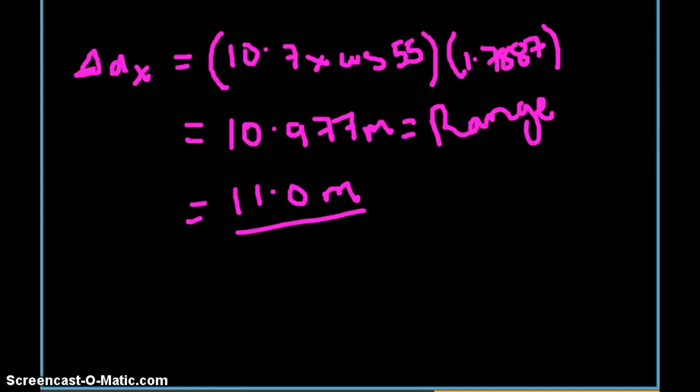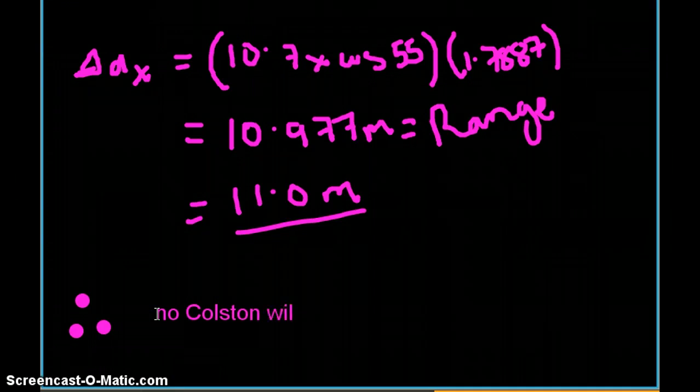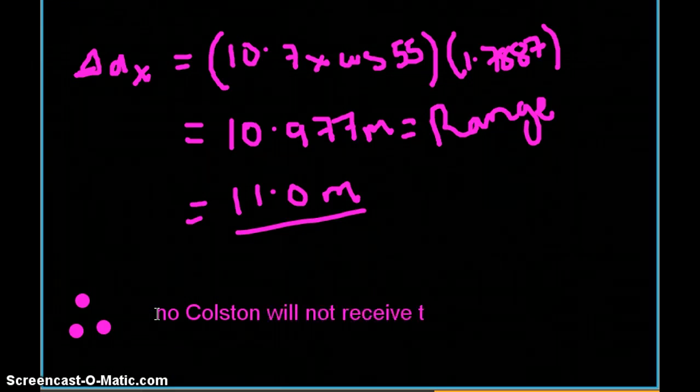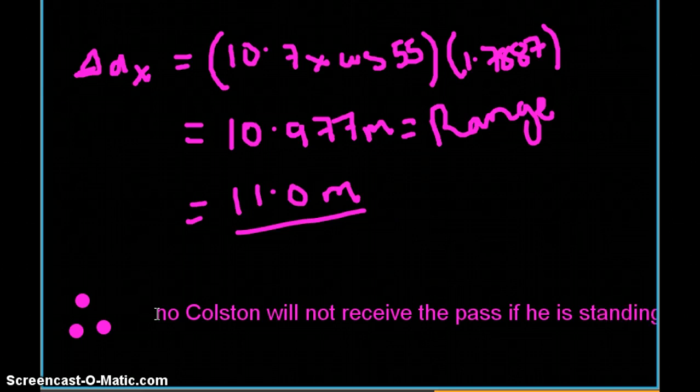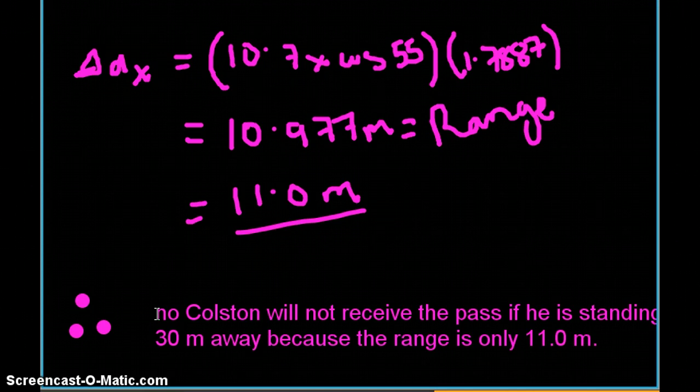So you can write your concluding statement very simply: no, Colston will not receive the pass if he is standing 30 meters away because the range is only 11.0 meters. So that's it.